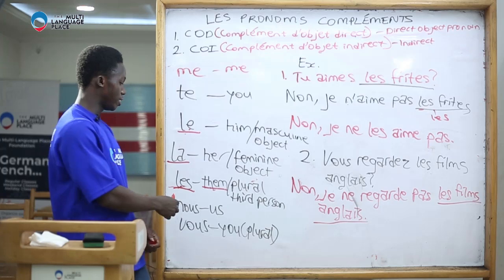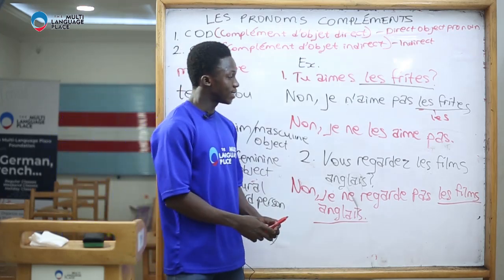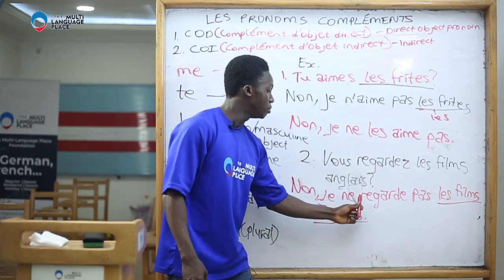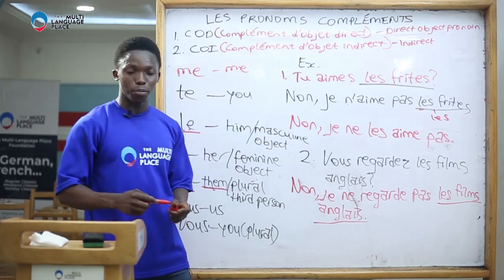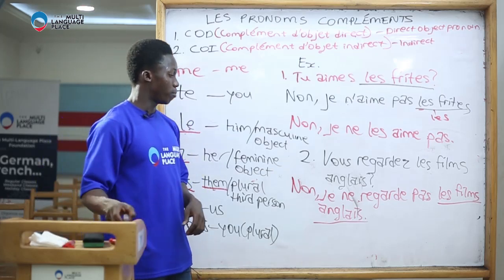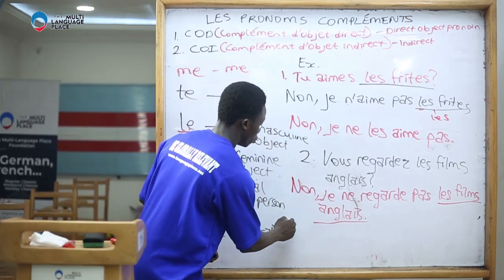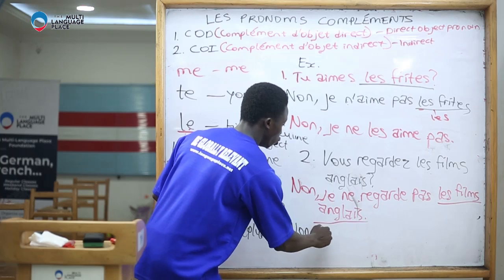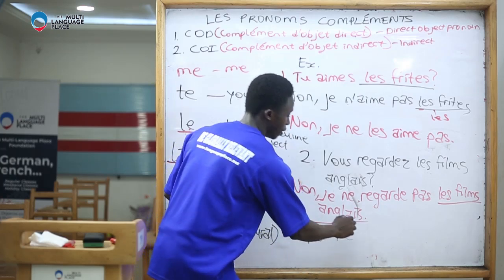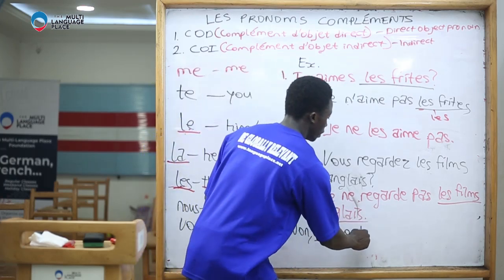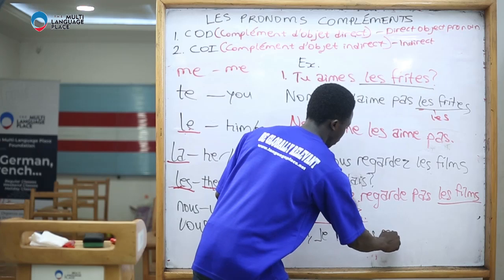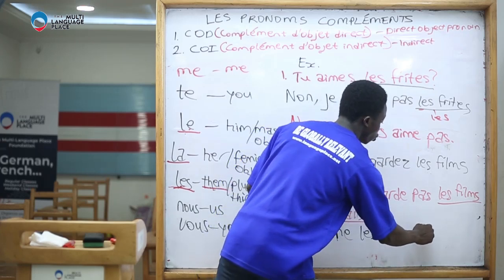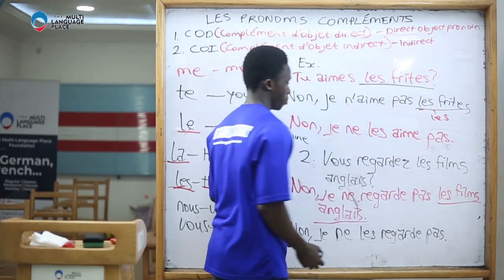Them in French is les. And remember that les, COD, comes immediately before the verb, acting on it. So we say, "non, je ne les regarde pas."